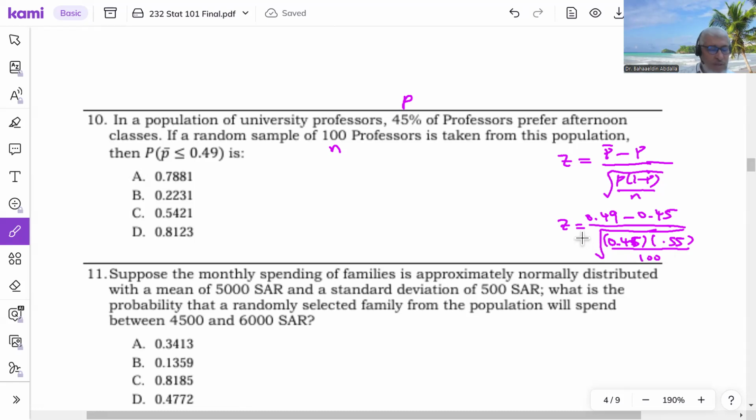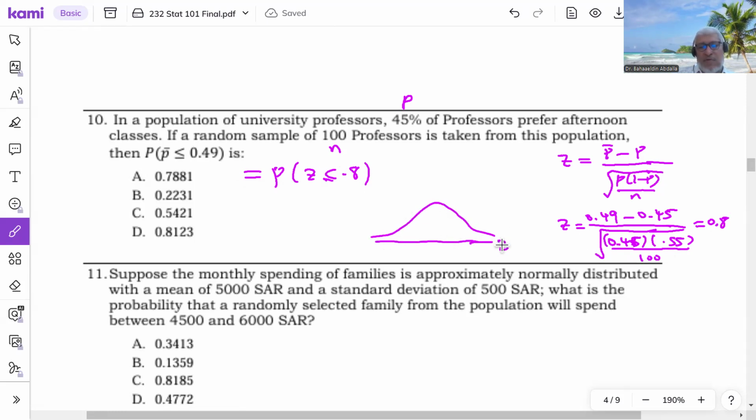If we put this in the calculator, we'll find that the answer is 0.8. So this probability now is equal to the probability that P bar minus P over this would be Z, and 0.49 minus P over this one will equal 0.8. So we need to find the probability that Z is less than or equal to 0.8.